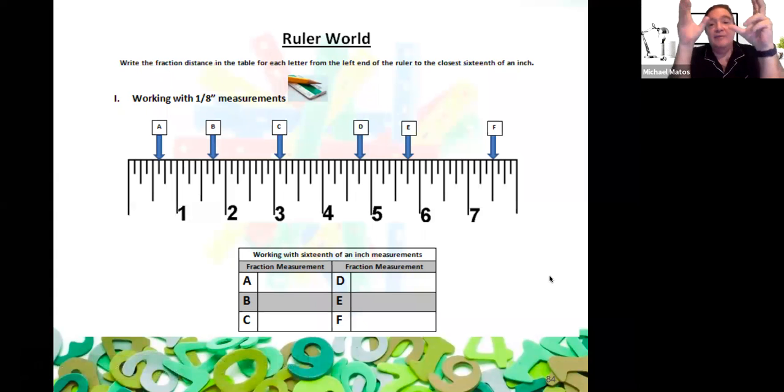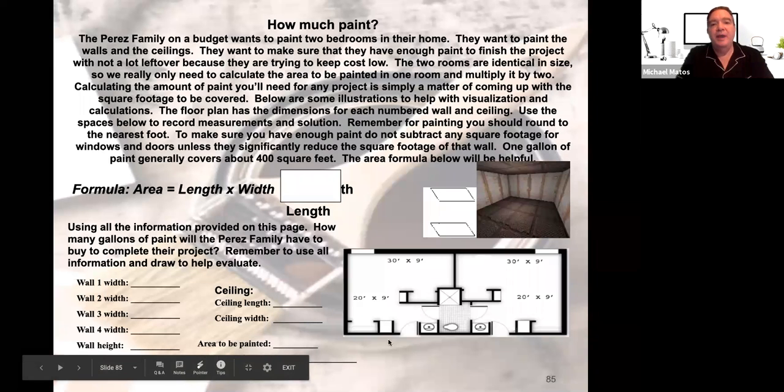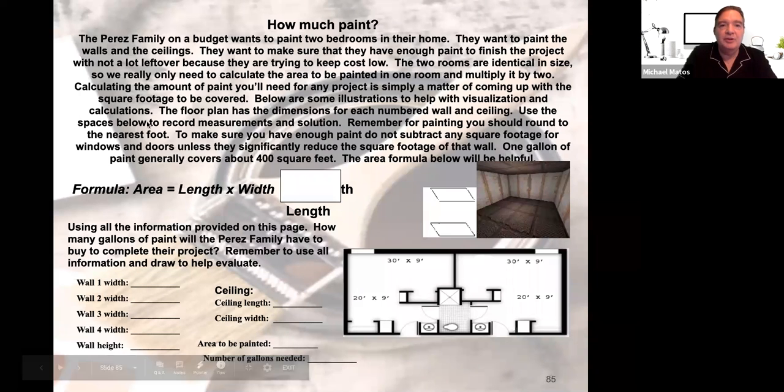I developed this from the ruler game that I showed you earlier, but obviously this one is where you can use the text boxes. You could actually click on these and move them around. So once again, I created that just in Microsoft Word. How much paint is needed? Obviously, there's your word problem. There's your formula.